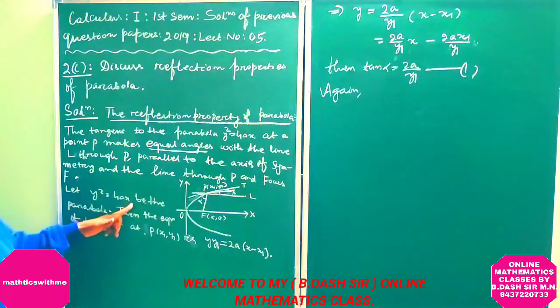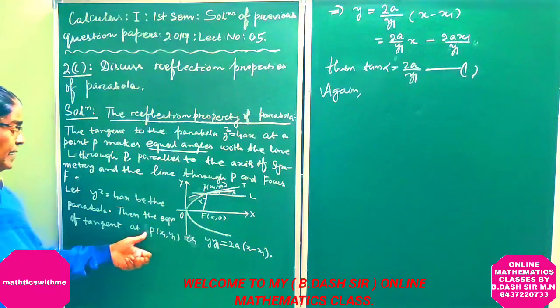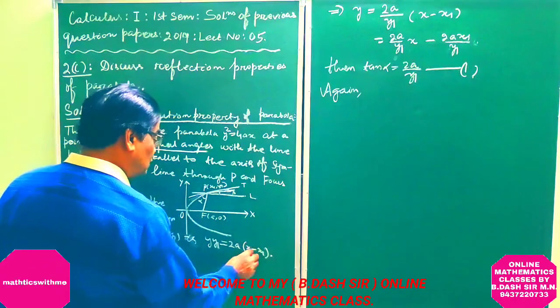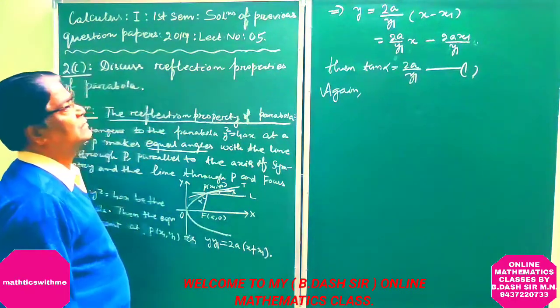Let y square is equal to 4ax be the parabola. Then the equation of the tangent at the point P of x1, y1 is y into y1 is equal to 2a into x plus x1.